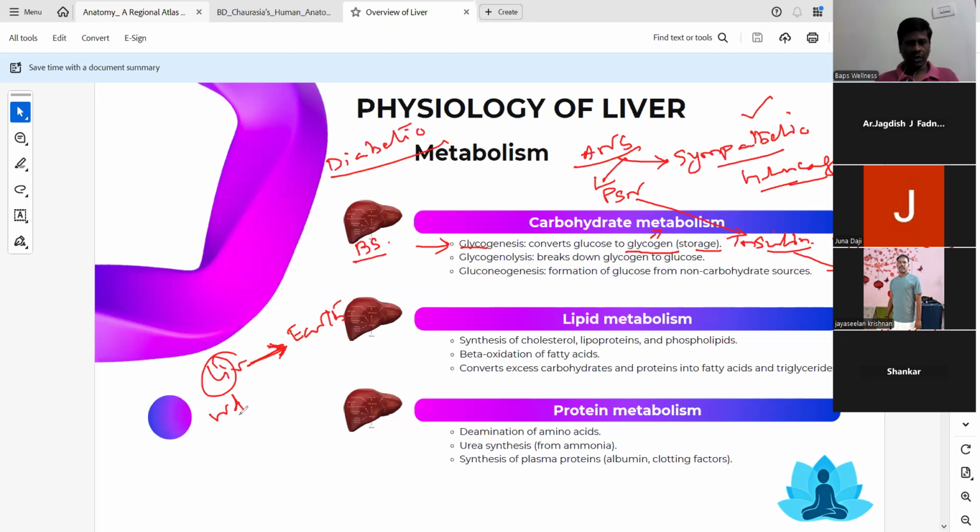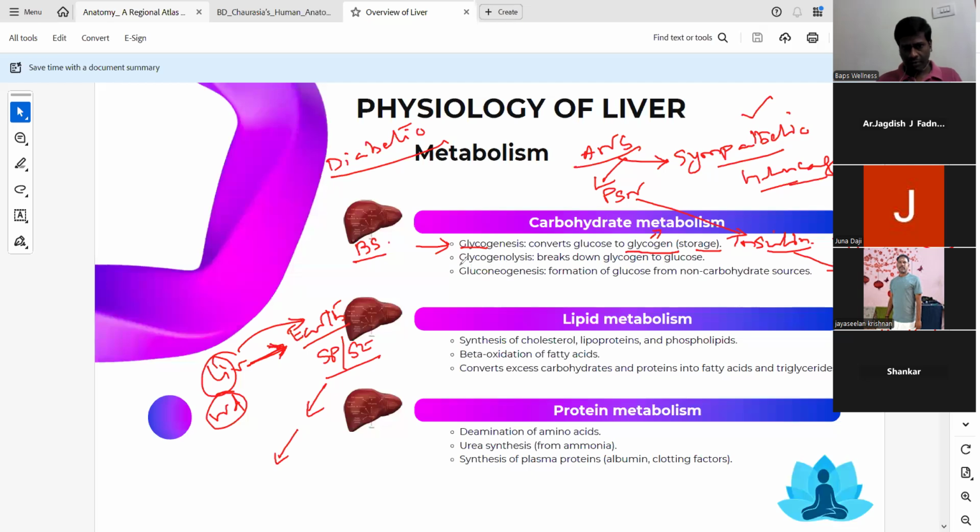So if the liver dominates the earth, then the spleen and stomach will not be in a position to perform their normal activity, and that will lead to improper digestion, that will lead to excess sugar level in the blood. So that is called glycogenesis.